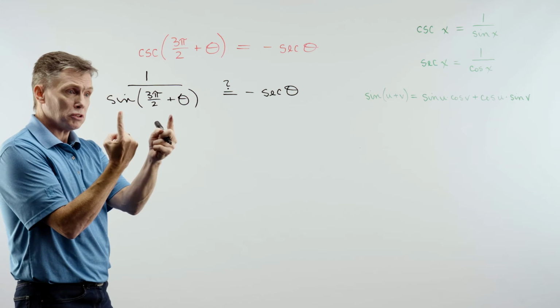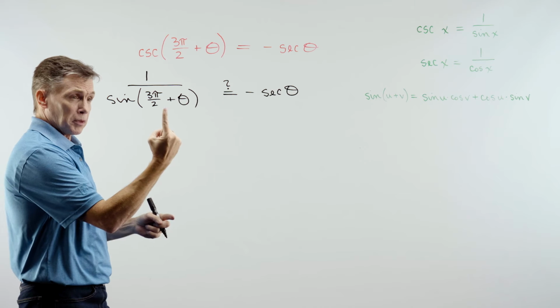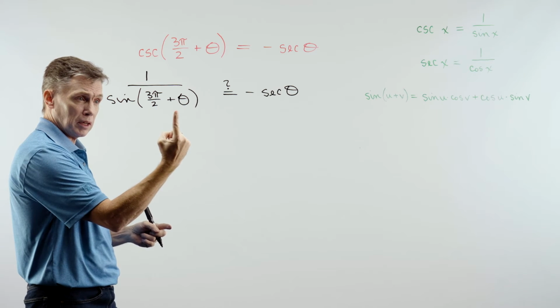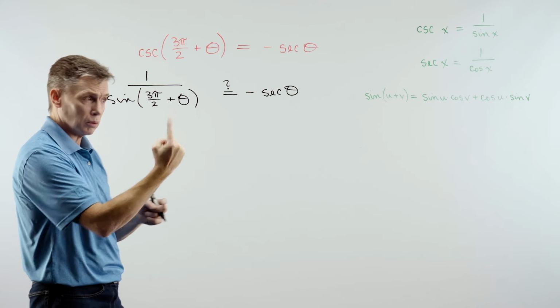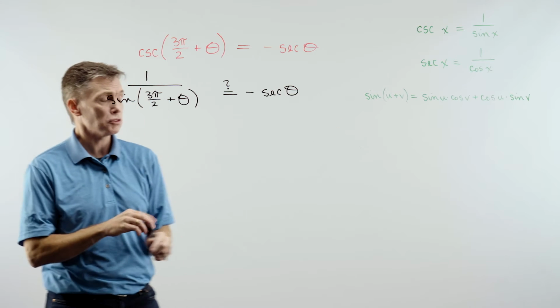And then I continue to try to manipulate this left-hand side. And the next thing I would do is recognize that there is addition of two terms inside the sine. So I can use this identity, the sum identity for sine.